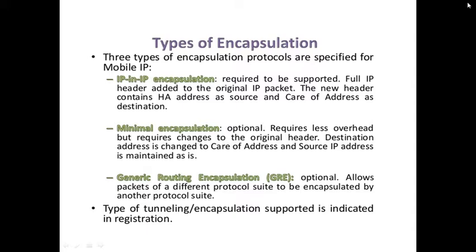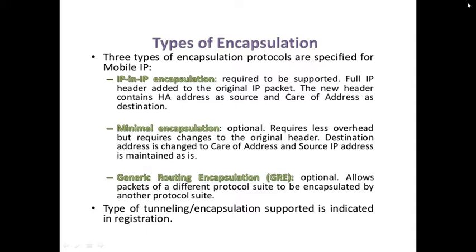And this minimal encapsulation requires less overhead, because here only the IP header has to be changed and the destination address has to be changed, and the rest is maintained as it is. It means the encapsulation process may or may not be performed. So that is why it is optional to choose minimal encapsulation. And the third one is generic routing encapsulation.